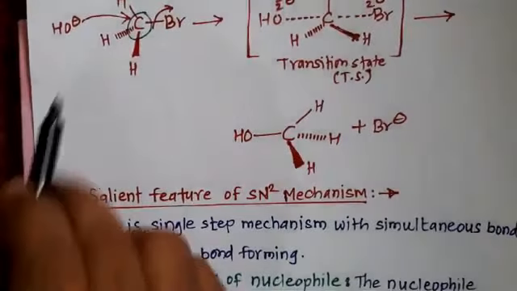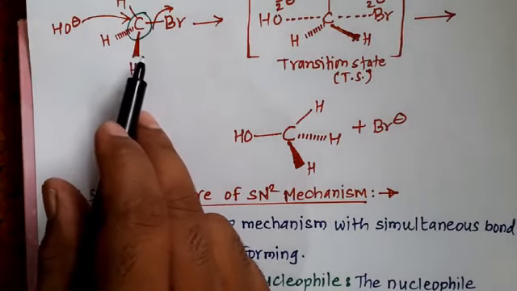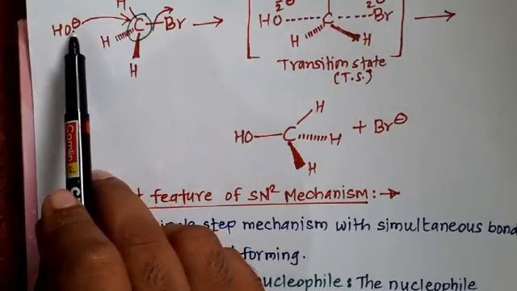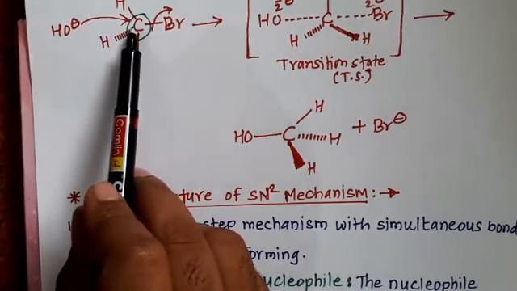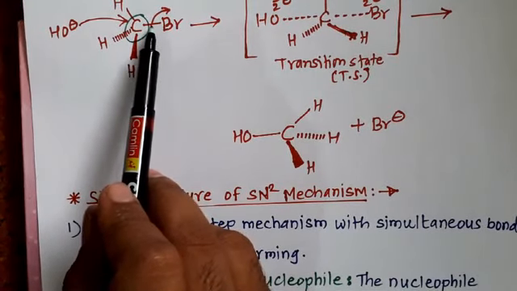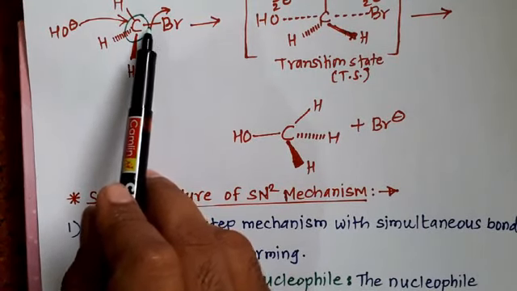When it attacks this carbon, bond formation takes place between OH minus and carbon, and simultaneously the old bond between carbon and bromine breaks, and it goes to the transition state. This is a transition state.